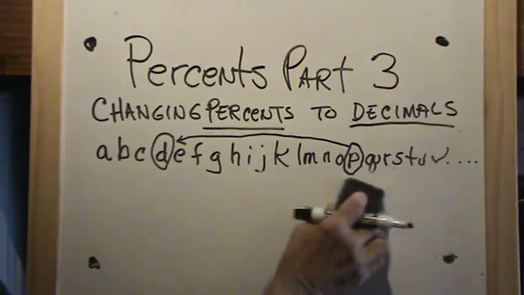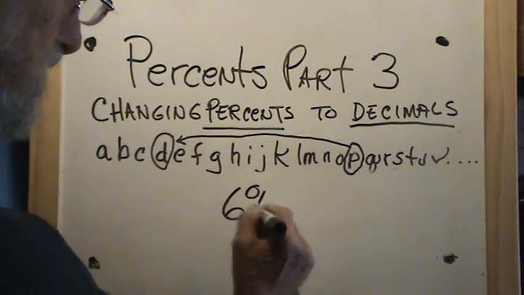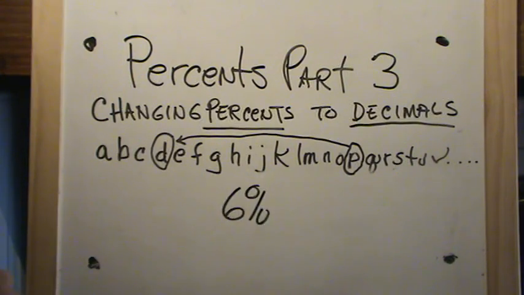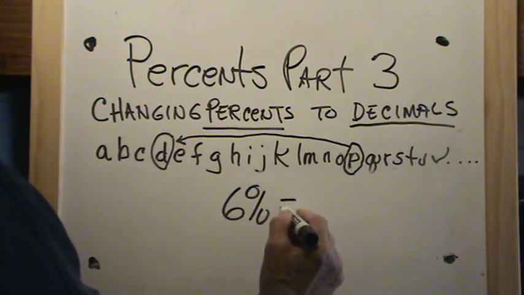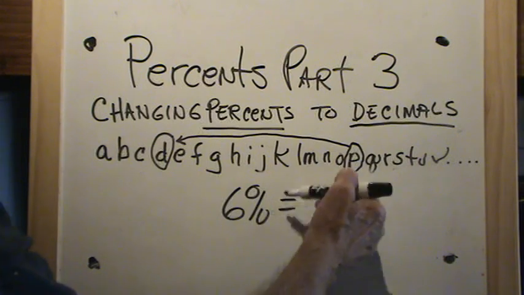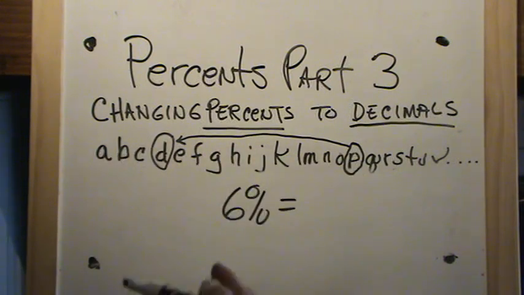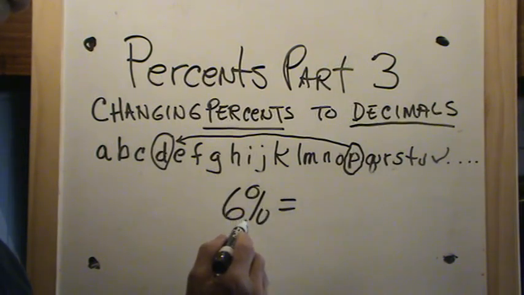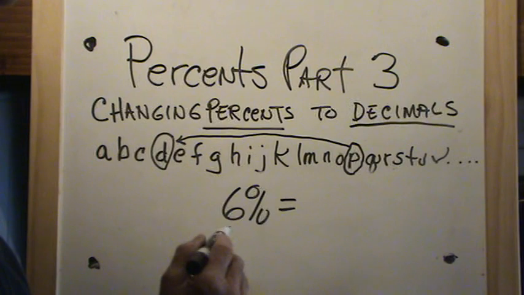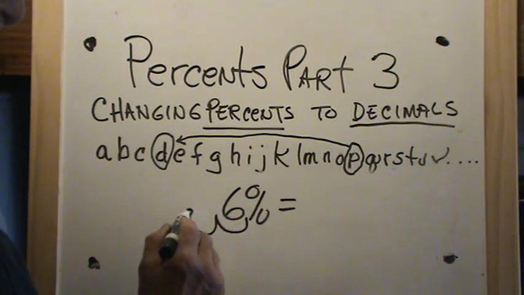Let's take another example. Let's take 6%, and we want to change it to a decimal fraction. Well, we know since we're going from percent to decimal, going to the left, we have to move the decimal 2 places to the left. And we know that there is a decimal point here that's not written. So we move 2 places, 1 place, 2 places, put the decimal.